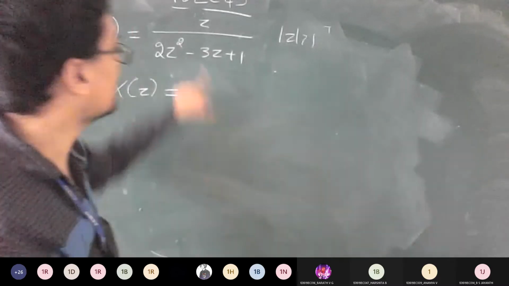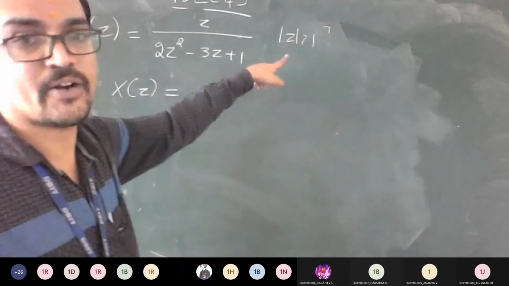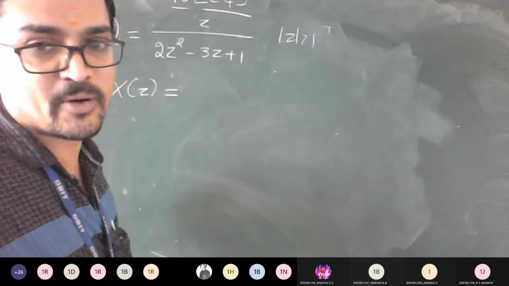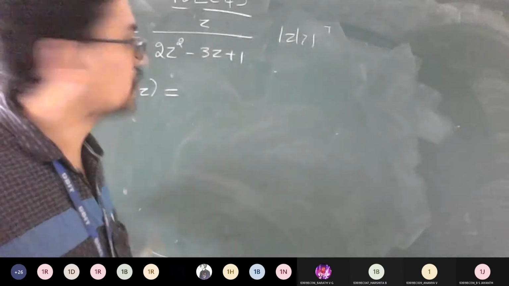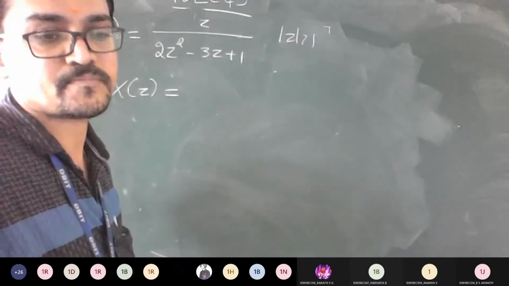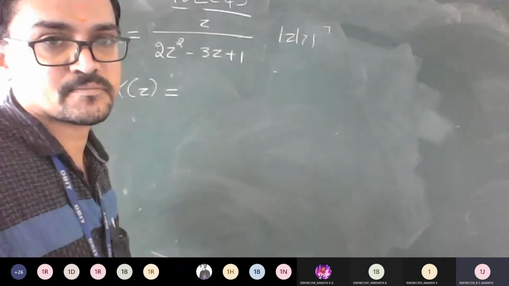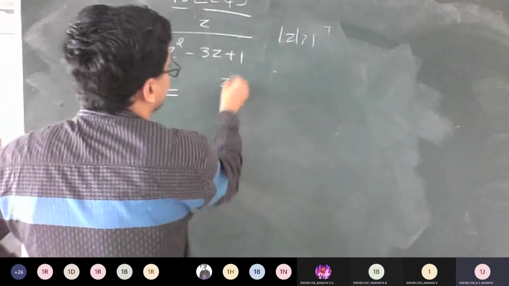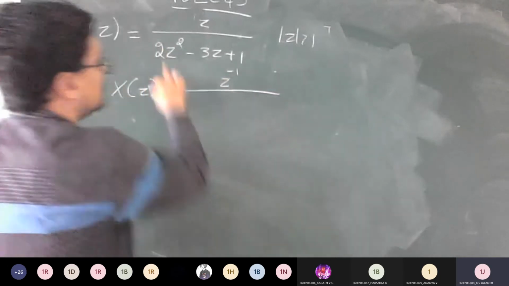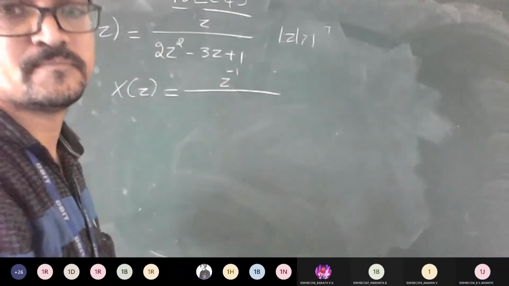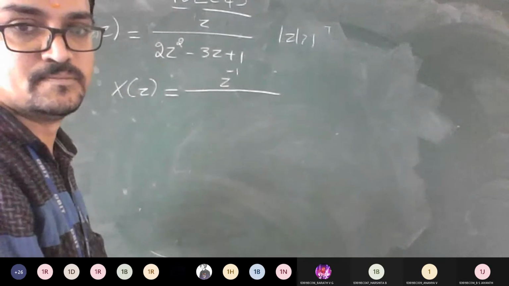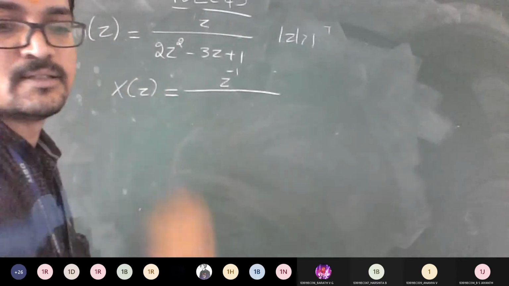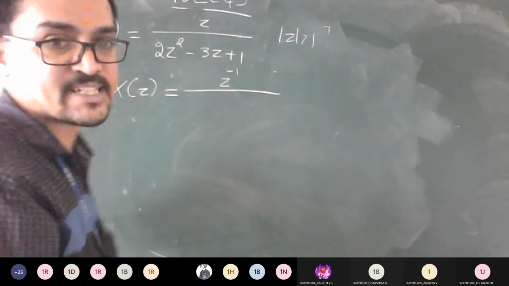See, don't blindly apply the long division technique. You should go according to the question. So your z inverse should be a negative power, right, for the greater than a concept. So how to get z inverse here? Sir, we put z as z inverse. So you can take z as z inverse. Divide by, what will happen here? See, the concept is simple, guys.